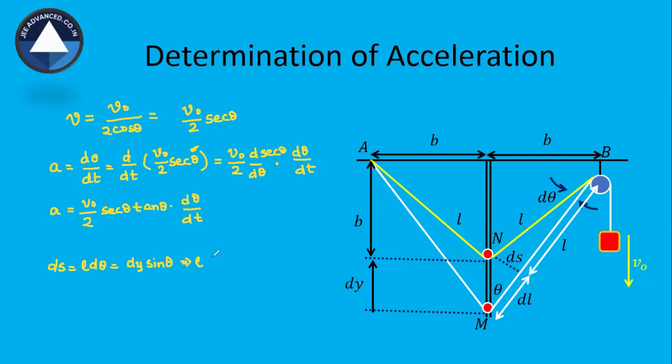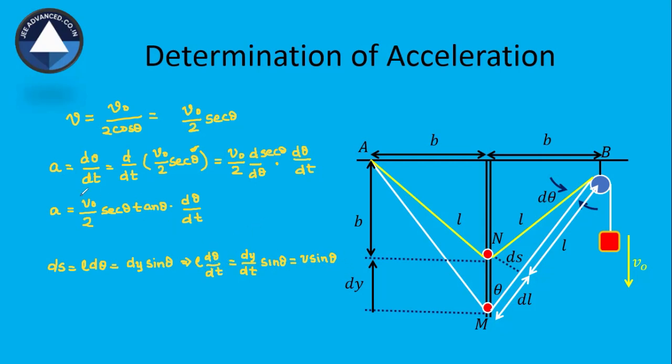This will give you L into d theta upon dt is equal to dy upon dt into sine theta, isn't it? But we know dy upon dt is nothing but v. So this is v sine theta. Clearly, you can see that d theta upon dt is v sine theta upon L.